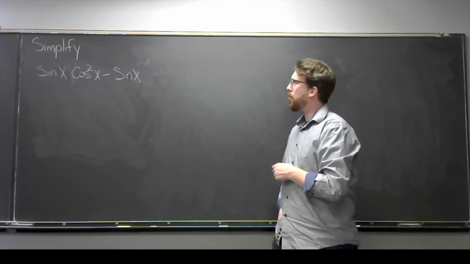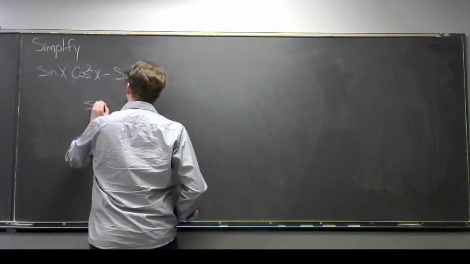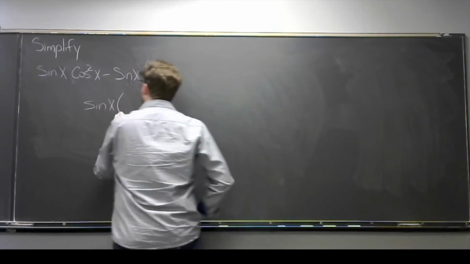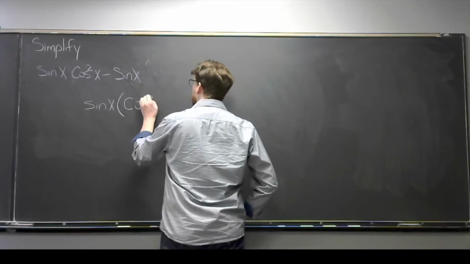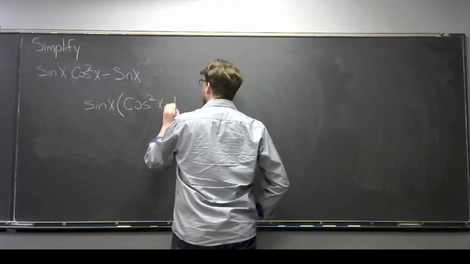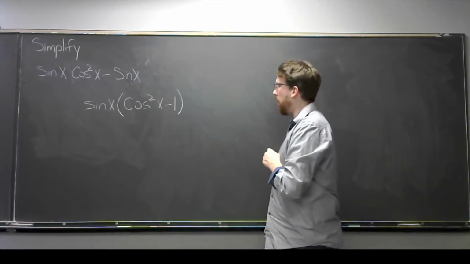Okay. So we pull out sine x. When we do that, we're going to end up with cosine squared x minus 1, that quantity, times sine x.